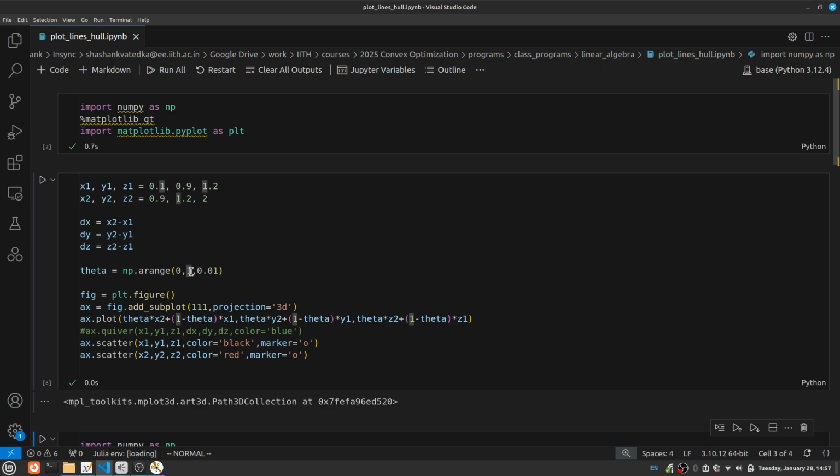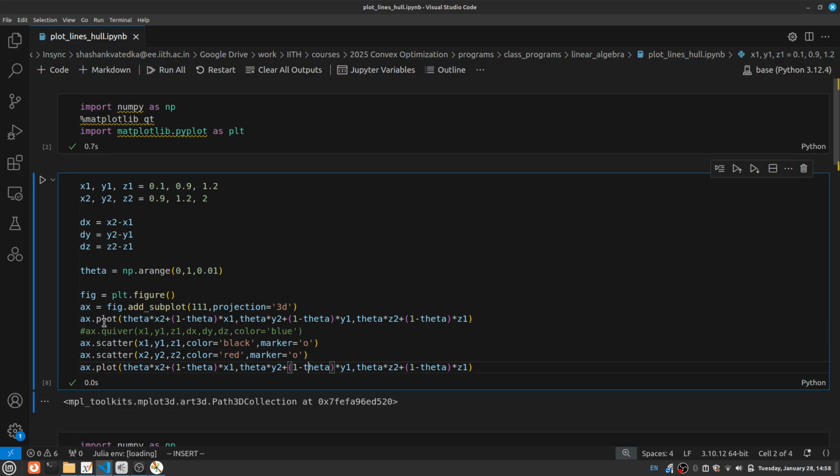This is basically the line segment, and let me also plot what happens when I take theta equal to plus 10.